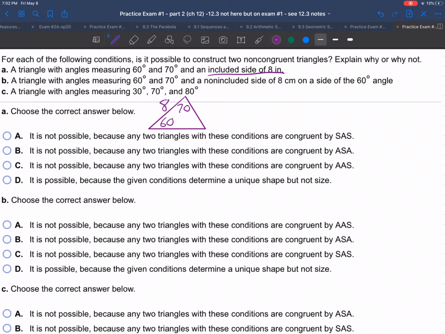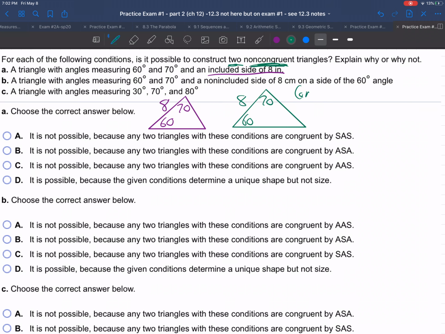So the question they're asking us is, could you make another triangle that's different, not identical, that also has a 60, 70, and a side between? Could you have two that are not identical but have those pieces the same? Two non-congruent. Congruent means identical.